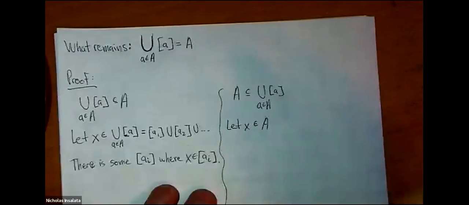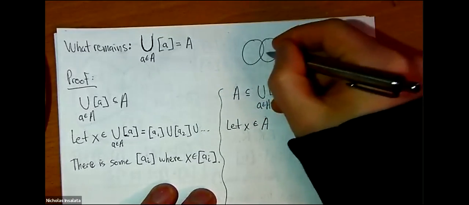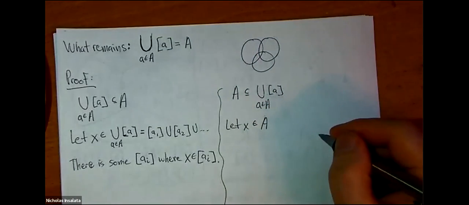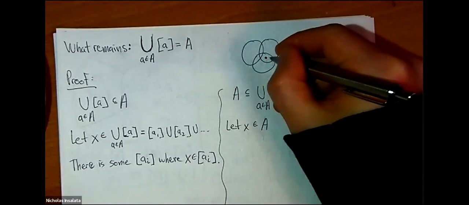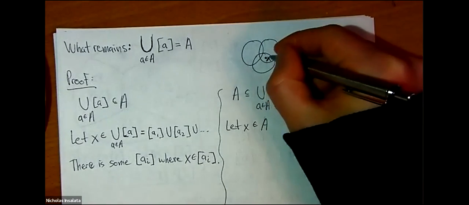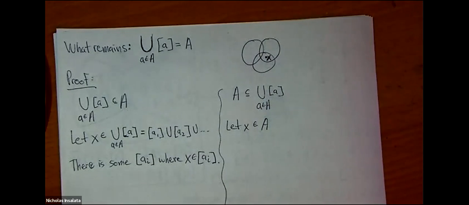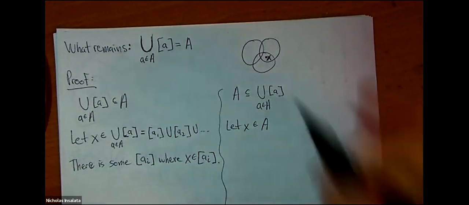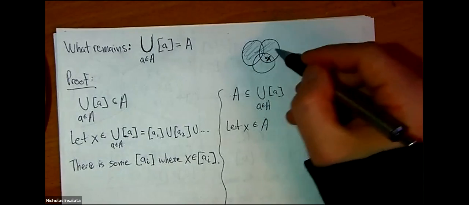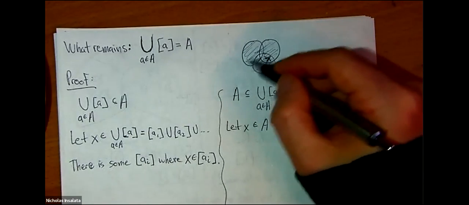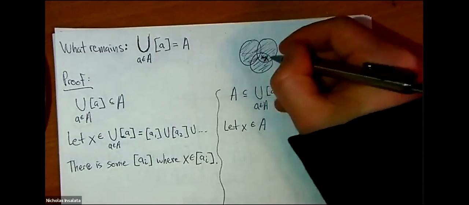If you have a bunch of things being unioned together, and you have some point X that's in that union, let's say we're unioning these three sets together, and X is somewhere in that union.